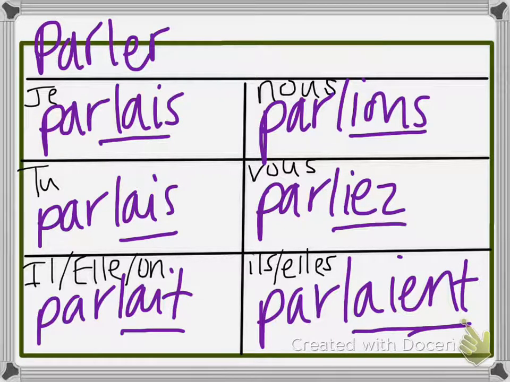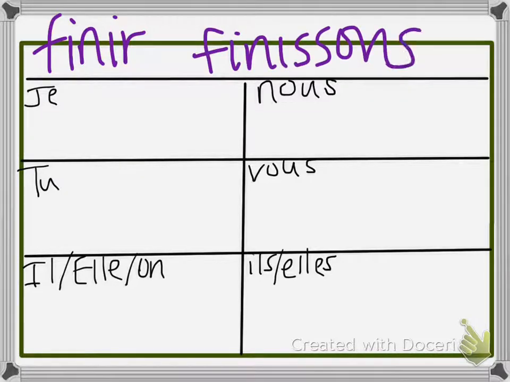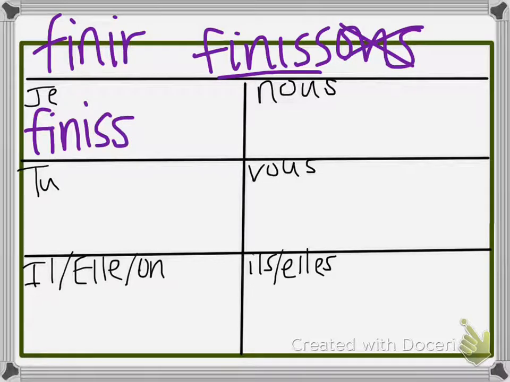Now let's do regular IR verbs like finir. The nous form is finissons. And we take off the ONS, so we're left with our stem. So try and fill this out before I do, and then check your work.